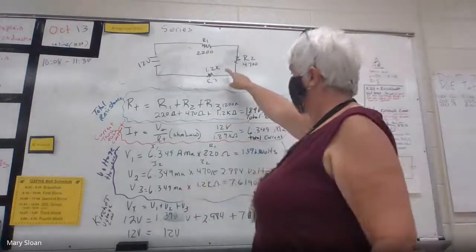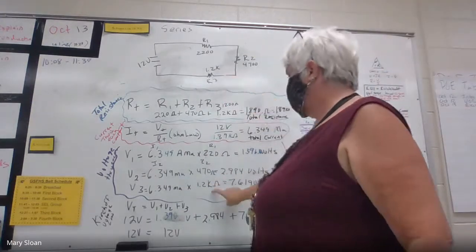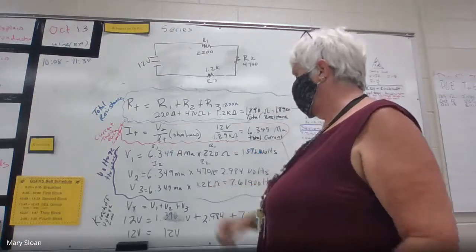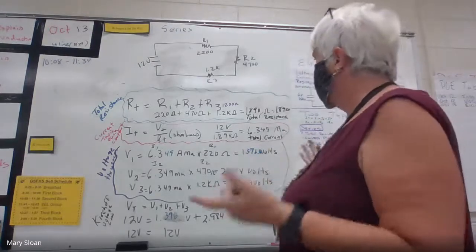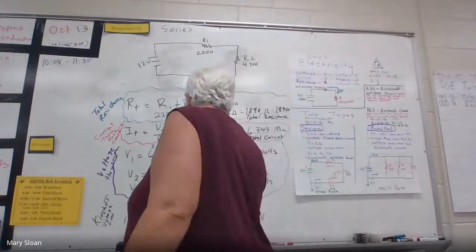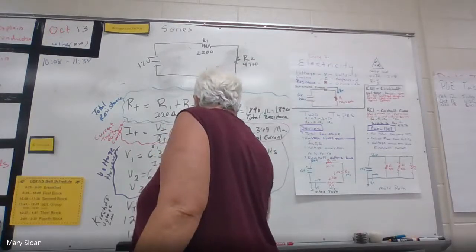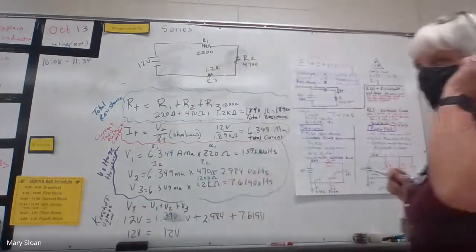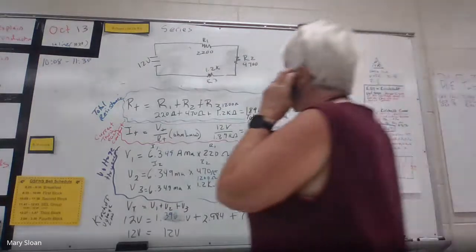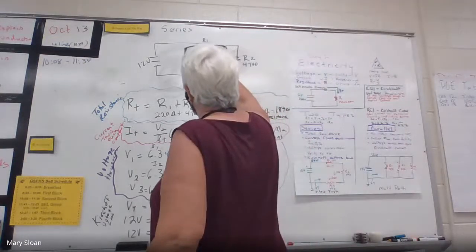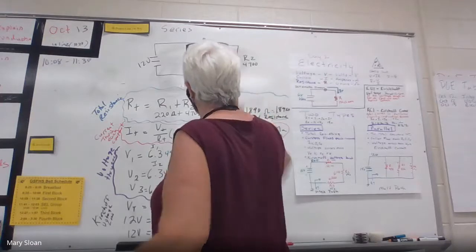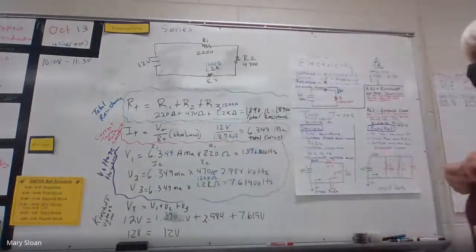Total current with R3, and remember, I put 1.2 kilo ohms down, but in reality it should be 1,200 ohms, right? Because I want them to have the same unit. Sometimes I just change it up here to remind myself, because I don't want to use different measurements.